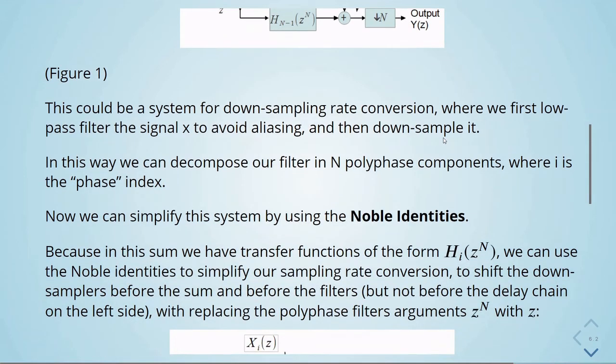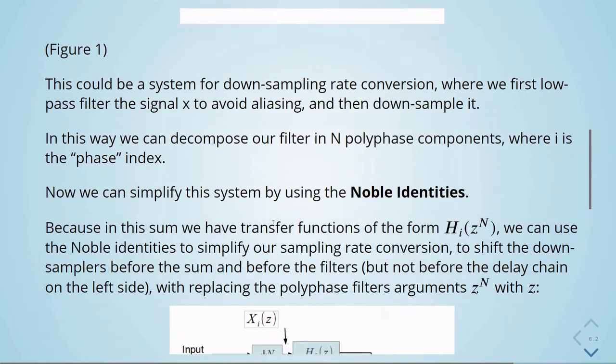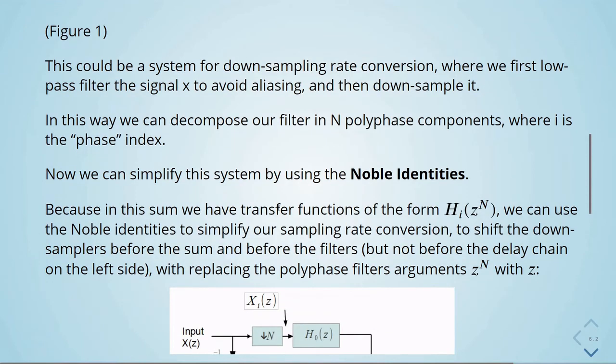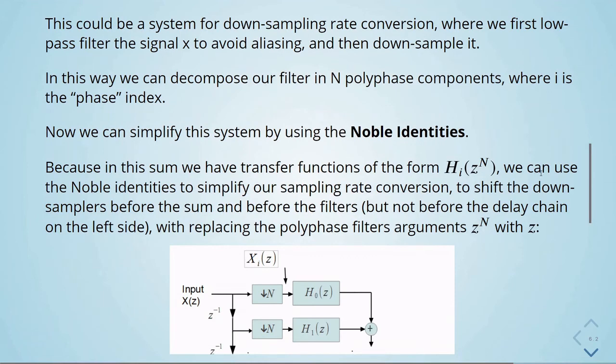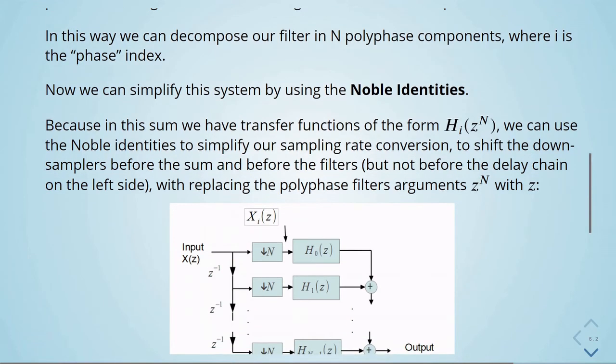Because in the sum we have transfer functions of the form h of I, z to the power of n, we can use the noble identities to simplify our sampling rate conversion, shifting the downsamplers before the sum and before the filters, but not before the delay chain on the left side, and replacing the polyphase filter arguments z to the power of n with z.